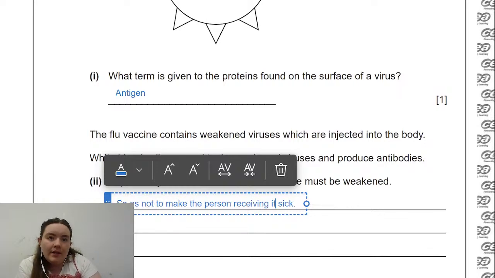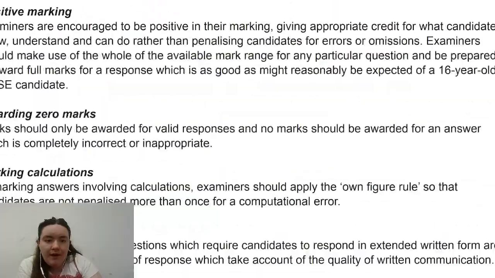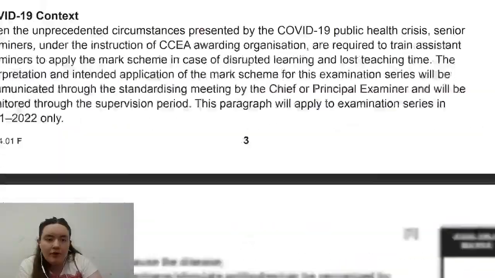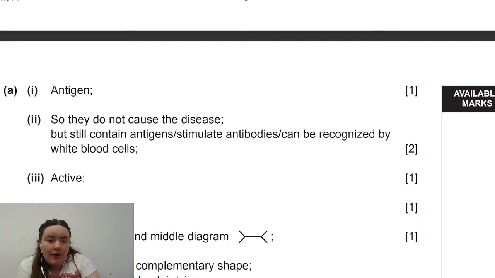So we're going to take a look at what is given to us in the mark scheme and how much information they actually want from us. We've seen line by line, this will give the numbers per mark.